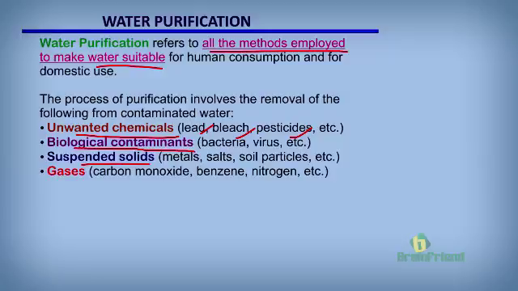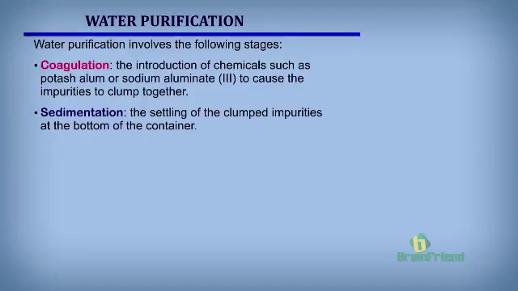Yes, there are some solids that dissolve in water, for example metals, salts, even soil particles, etc. Then gases. Gases also dissolve in water, and some of them that need to be removed are carbon monoxide, benzene, nitrogen, and other harmful gases.